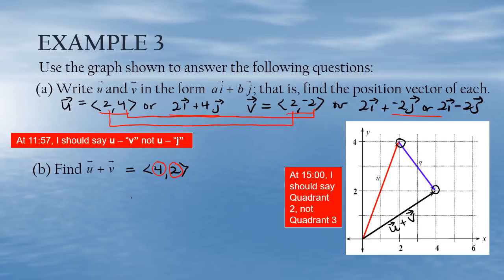So that's the other way that I could have done that. Now I'm going to write this as a position vector, writing 4i plus 2j.